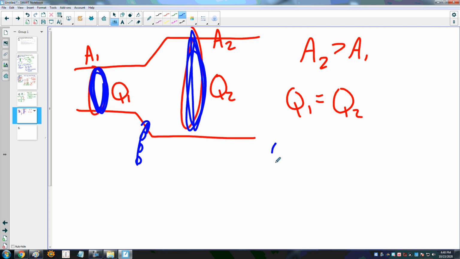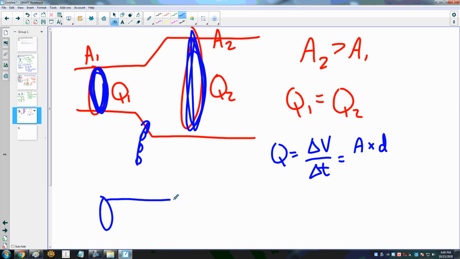Now remember, Q is equal to delta V divided by delta T. That is the definition of volume flow rate. We can imagine here that this volume is equal to an area times a distance.